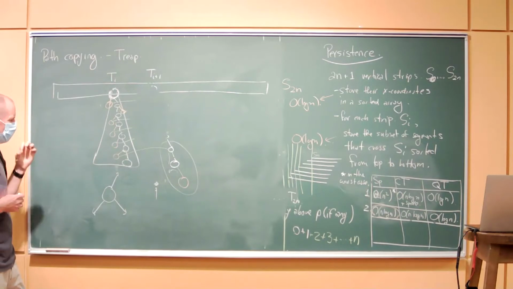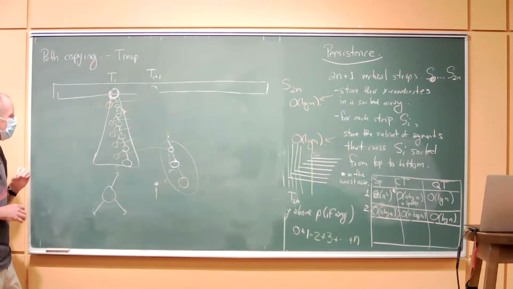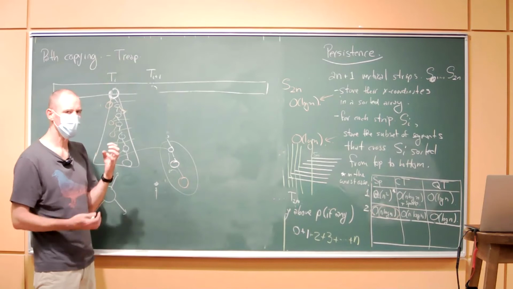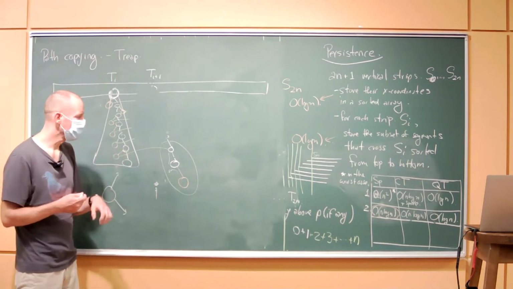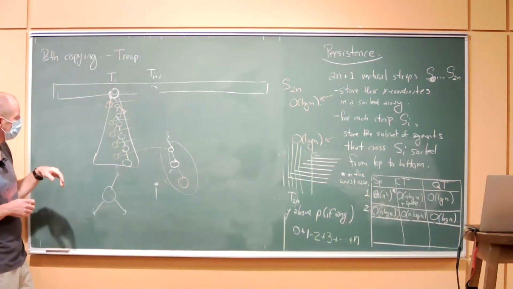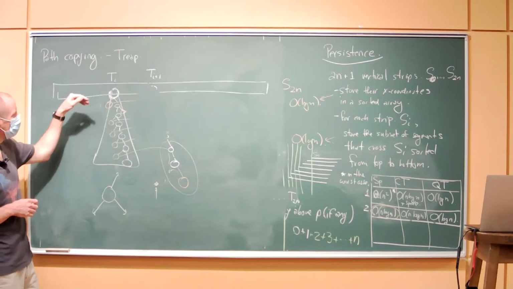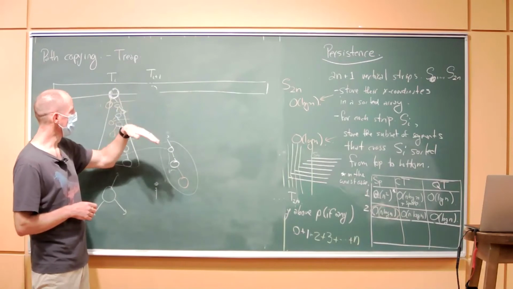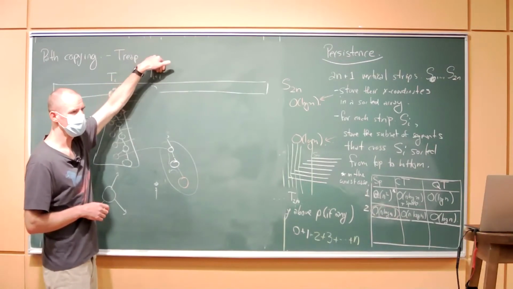But another slightly more subtle thing is that the parent pointers are only used when you want to change things, when you want to do rotations. And in what we're doing here, the only tree we change is the most recently created tree.